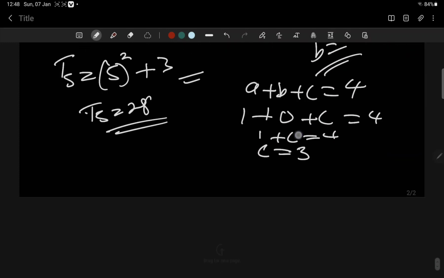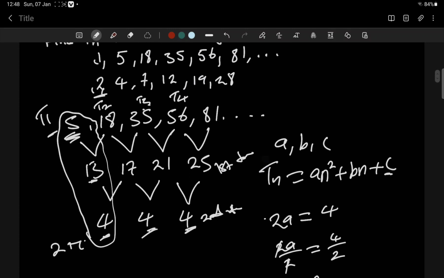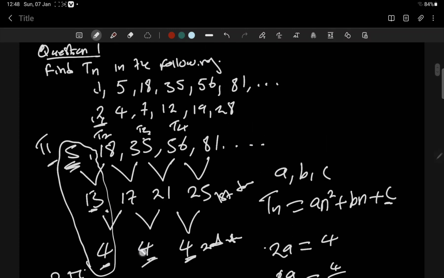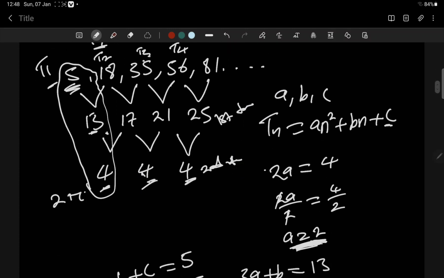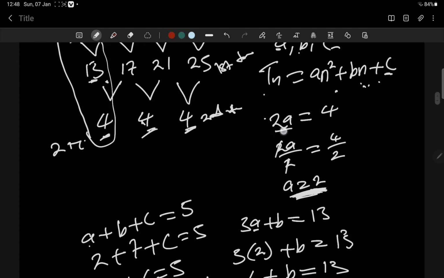So for recap, what you need to do, you firstly calculate the first difference and the second difference. Then you find the variables a, b, c. Then the formula is Tn is equals to an squared plus bn plus c. To find a, 2a is equals to the first term of the second difference, or actually just the second difference because it's always the same number.